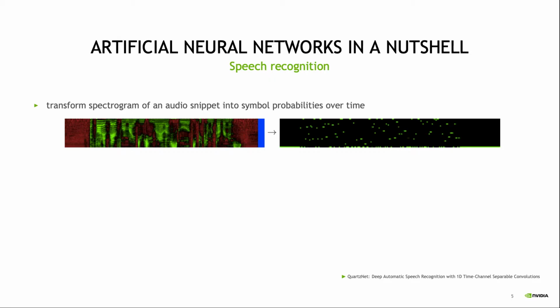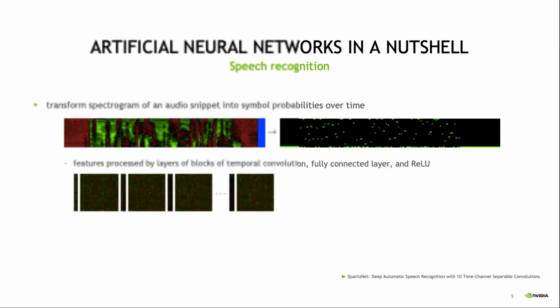As an example of a modern artificial neural network, let's take a look at the principles of speech recognition, where the task is to transform the spectrogram of an audio snippet into an array of letter probabilities over time. The audio features, located in frequency and time, are processed by a sequence of layers of blocks, each consisting of a temporal convolution followed by a fully connected network and the rectified linear unit activation function.